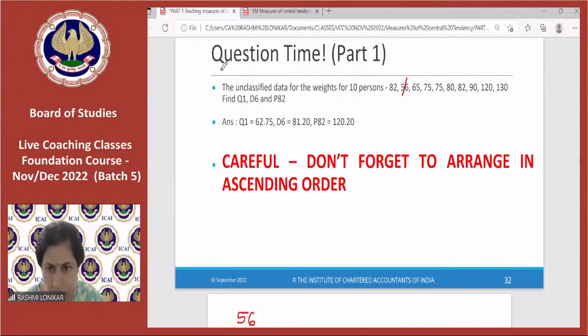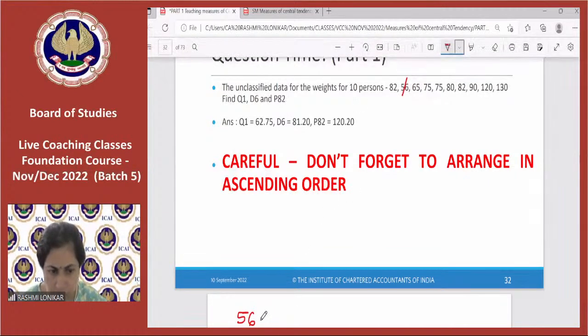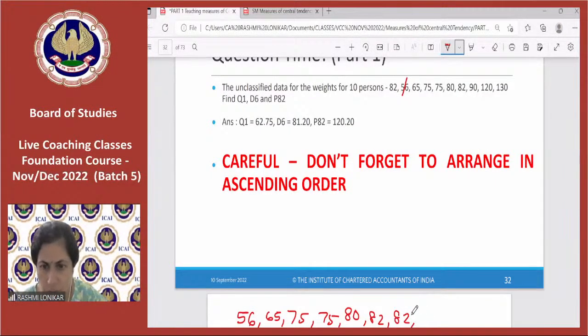So 56, then 65, then 75, then 75, then 80, then 80, then 82, twice it is 82, then 90, then 120, and 130. 2, 4, 6, 8, 10.